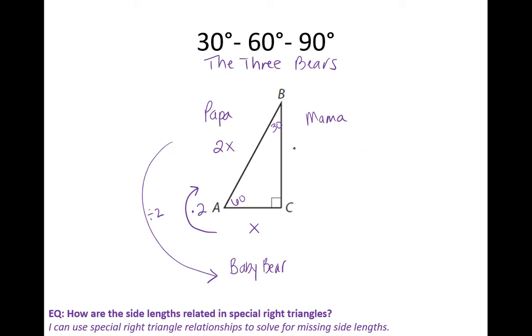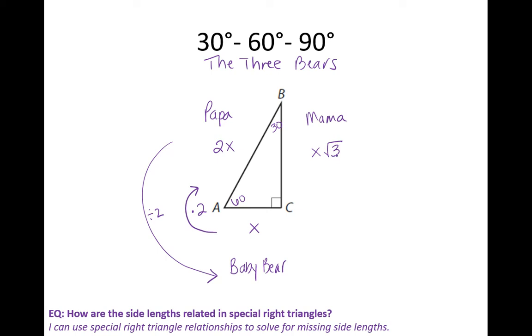All right, then we also have Mama Bear. So Mama Bear is not twice as big as Baby Bear because she's in the middle. She's not as big as Papa Bear, but she's bigger than Baby Bear. So Mama Bear loves Baby Bear. Her whole world is all about Baby Bear. So we're going to copy whatever Baby Bear is, and then we're going to tag on the square root of 3, which is, Mama Bear loves Baby Bear, but she takes care of all 3 bears.